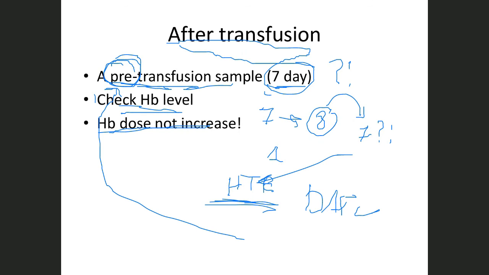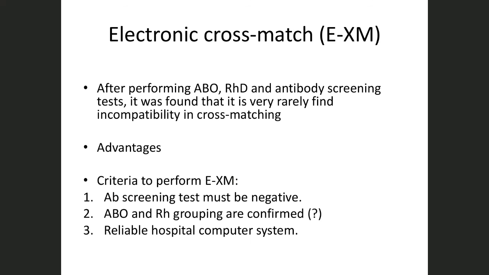So I have to know the original type of this patient. Is it A or O? How can I do it after transfusion? It will be a mixed population, so it will be difficult to know if the patient is A or O. So we have to keep the pre-transfusion sample.